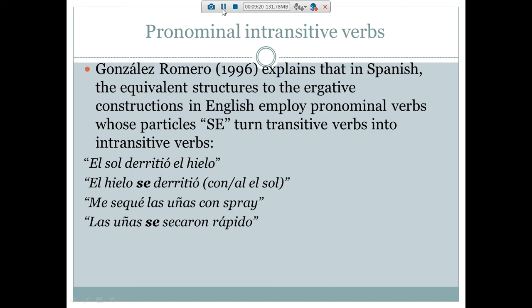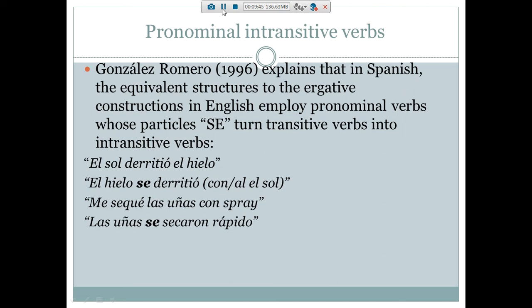El sol derritió el hielo. El hielo se derritió. Se derritió con el sol o se derritió al sol. Hay un error ahí. Con el sol o al sol. En ese caso, derretirse es un verbo intransitivo. El incremento pronominal lo ha intransitivizado.